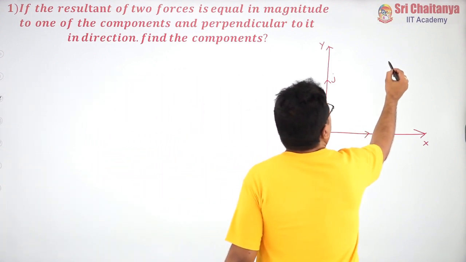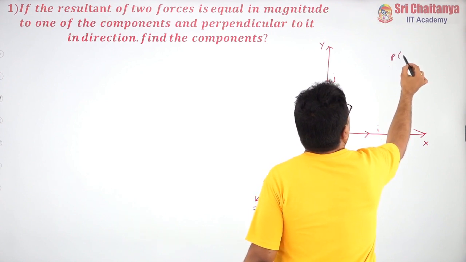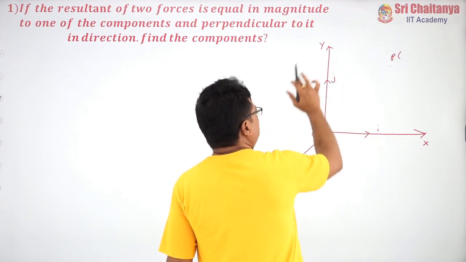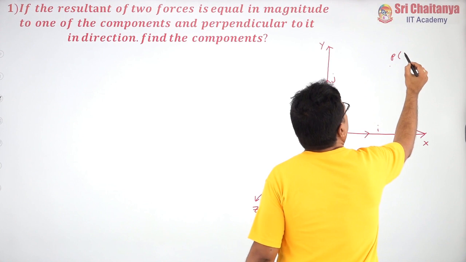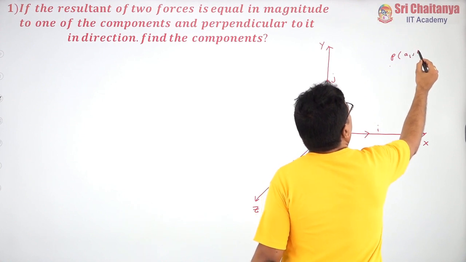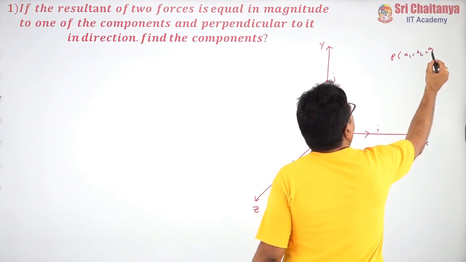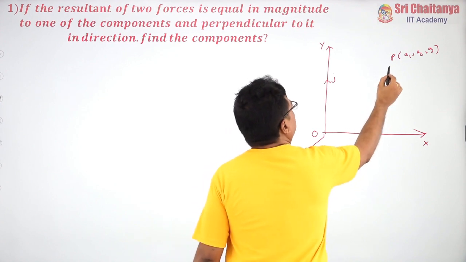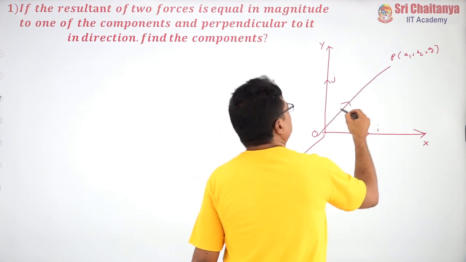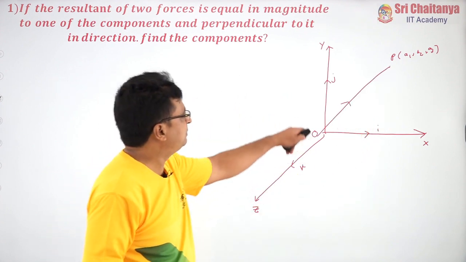And if P is any point in this space, the plane of OXYZ, let it be (A1, A2, A3), then OP bar becomes the position vector of the point P with respect to O as origin.